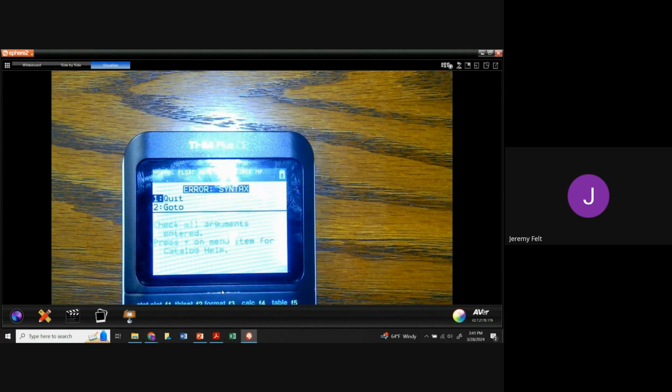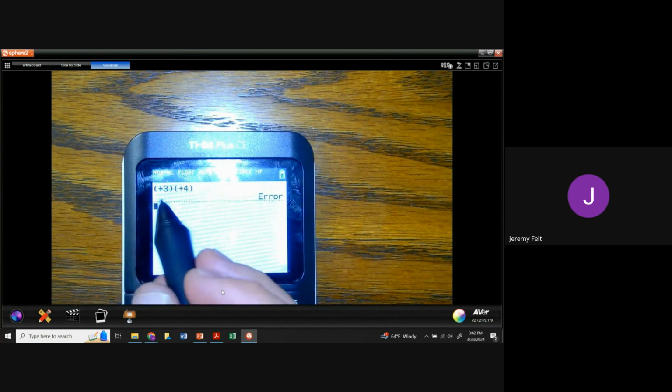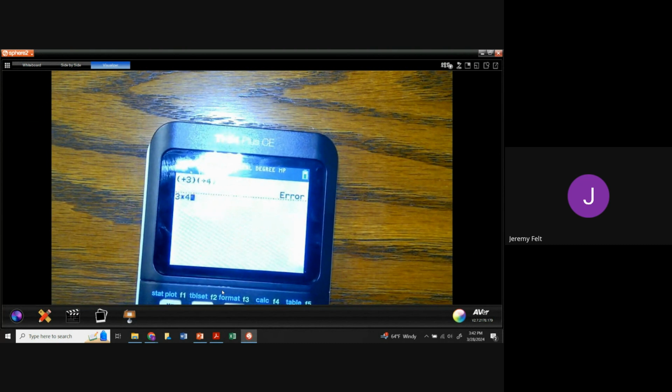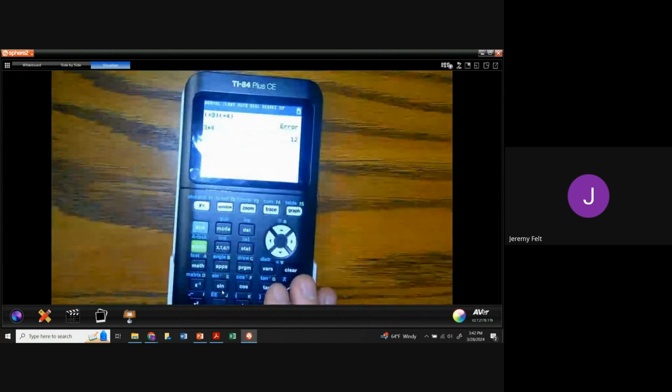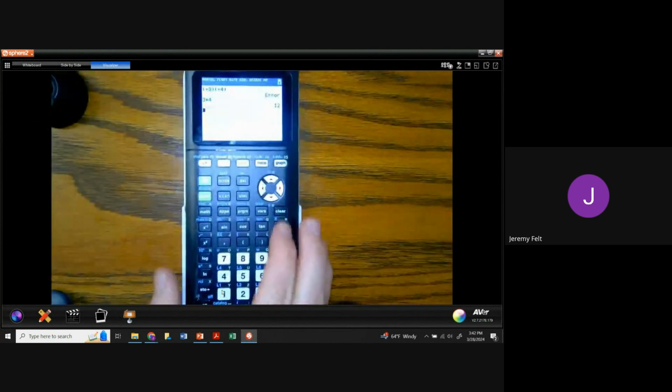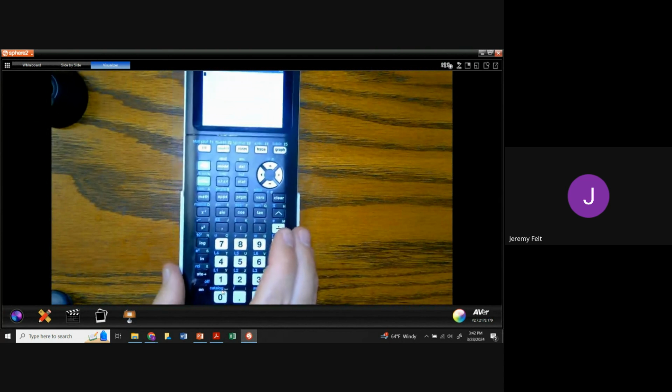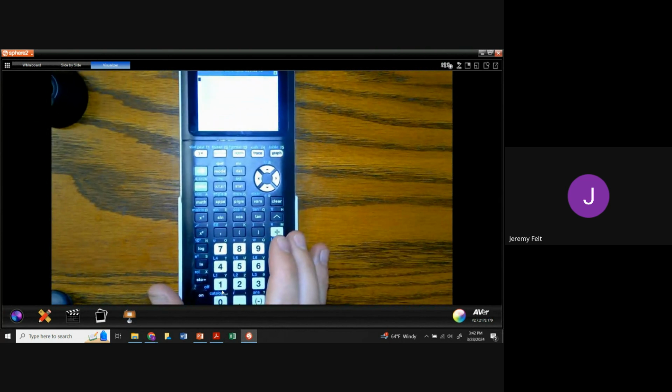It's just that what the calculator is reading is plus, we're adding something to 4 that isn't even there, and there's nothing to add to 3. So simpler than that, we just need to do 3 times 4. If there is no sign as far as positive or negative, we know that it's positive.